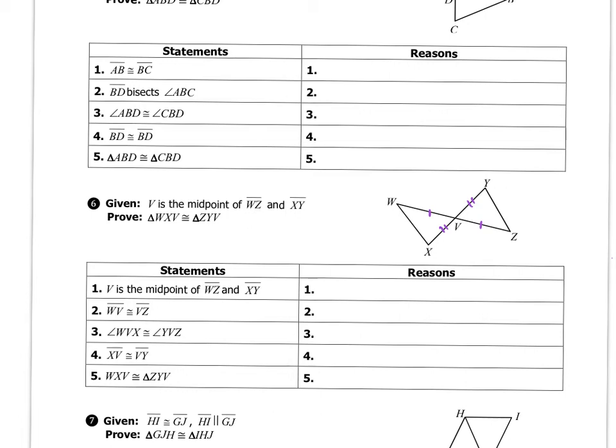So now we have to prove two triangles are congruent. First point is given. And second point, because of the midpoint definition, we can draw the conclusion that WV is congruent to VZ by definition of midpoint. Angle WVX is congruent to angle YVZ right here because they are vertical angles.